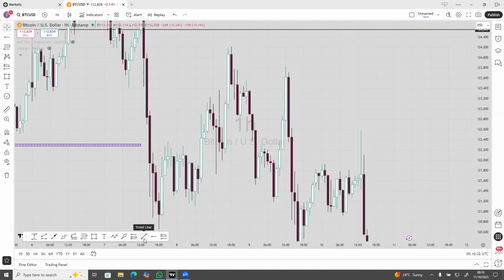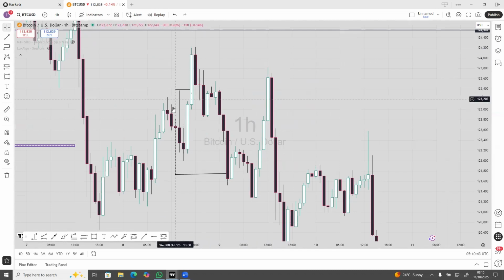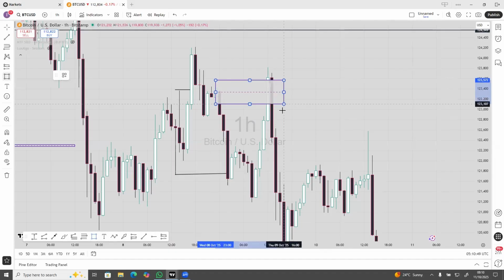Okay, on market structure here, market shift, also break of structure over here. It means it clear all of that liquidity, and then supply zone.